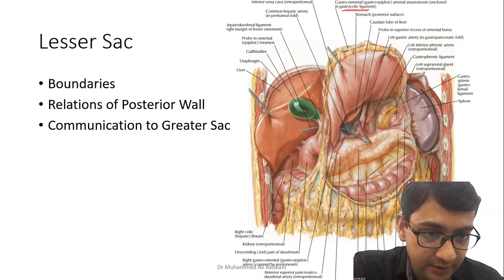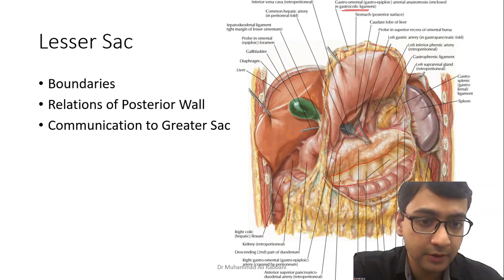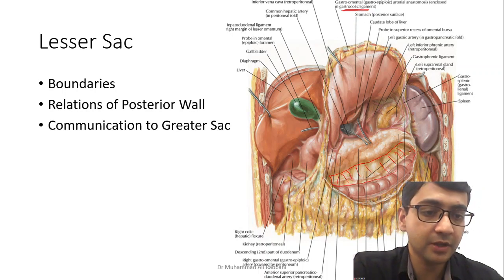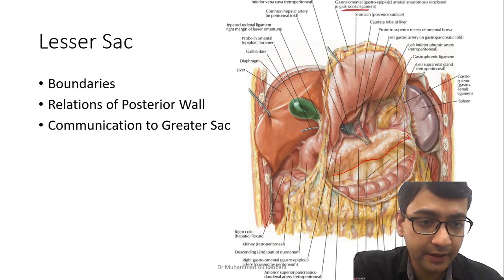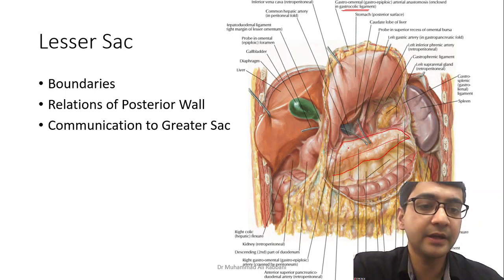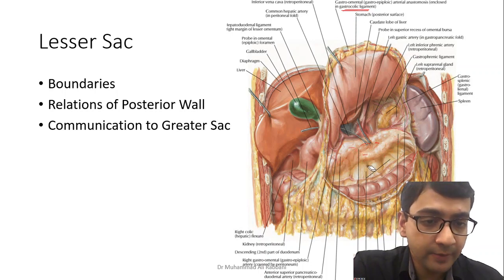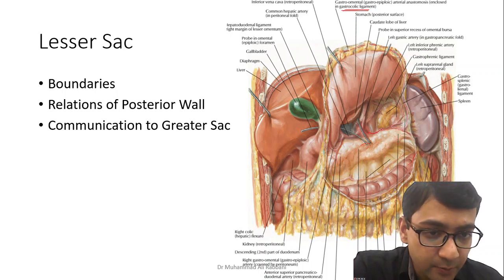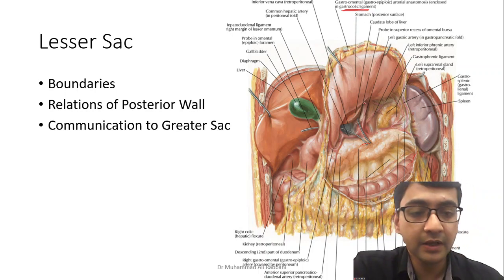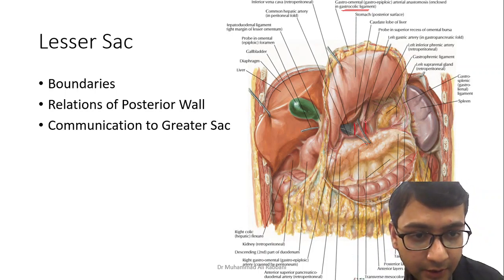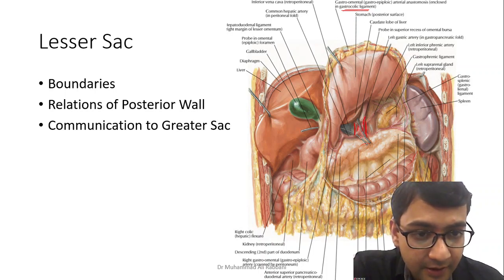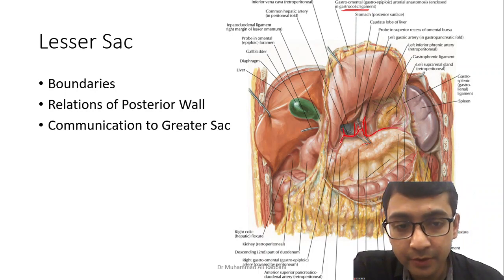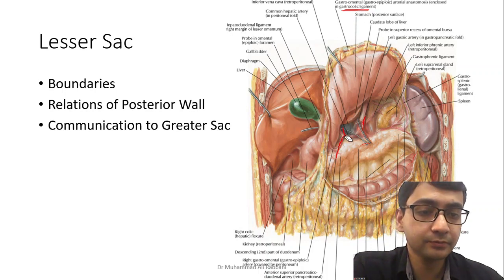From here to here you can see the mesentery of the transverse colon, the transverse mesocolon. Then there is an organ, the pancreas, the pancreatic gland. On top of the pancreas you can see the splenic artery going. Here you can see the aorta and aortic branches, mostly the branches of the celiac trunk. Here is the celiac trunk and it is giving the left gastric, the splenic artery, the common hepatic artery proper, gastroduodenal artery, and so on.